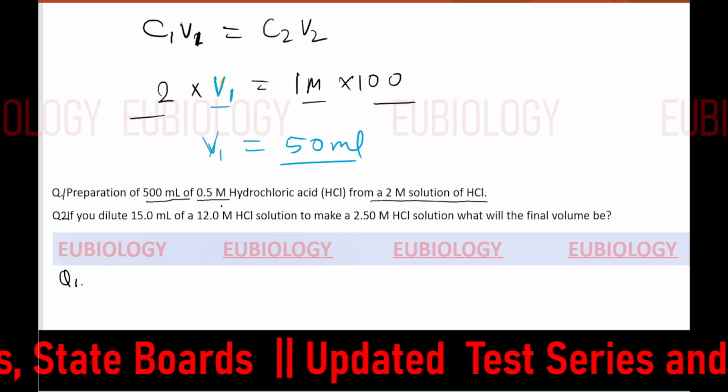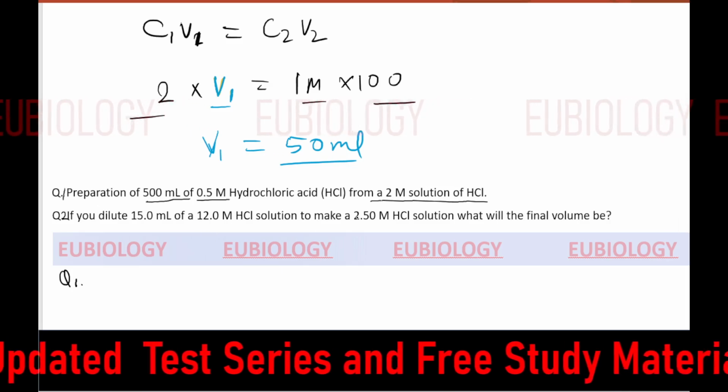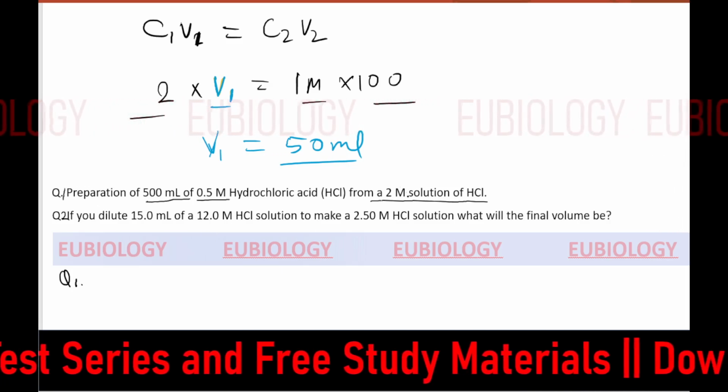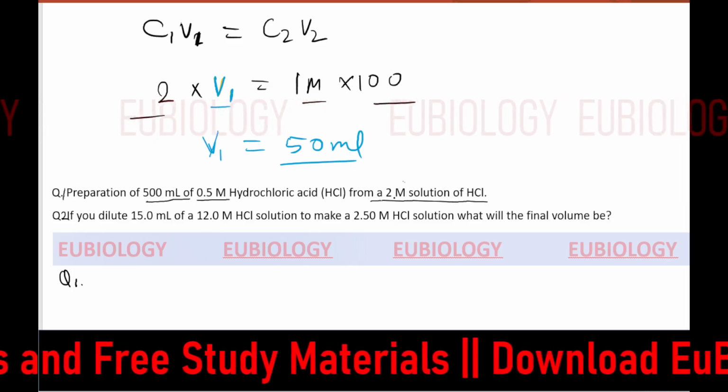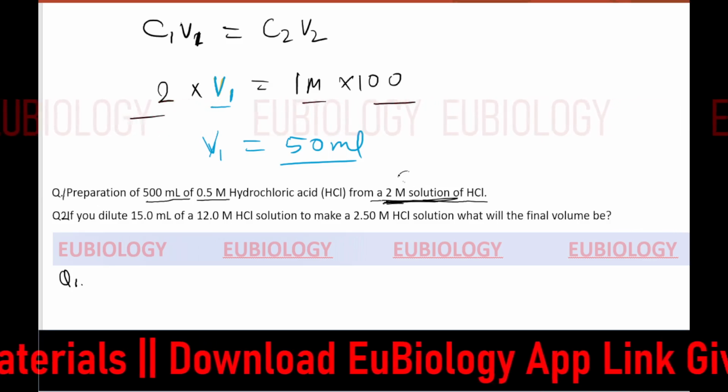In the question you have to find which is the C1, which is the C2, and which is the volume. Remember, mostly the higher molarity will be the C1 concentration. So this is the higher molarity, meaning this is your C1.